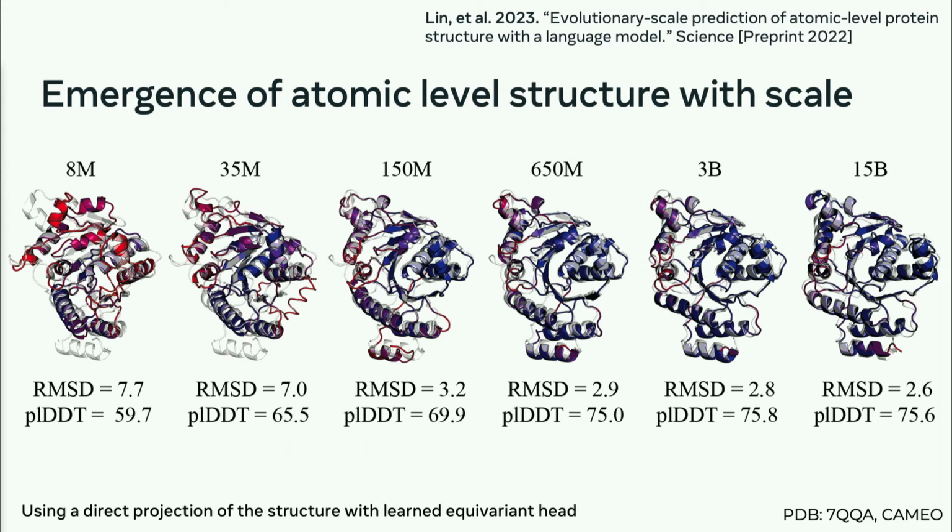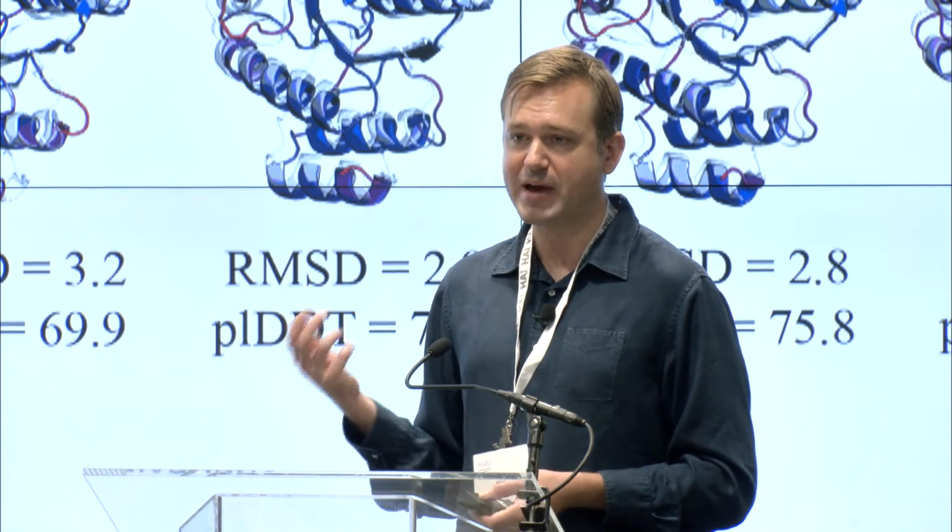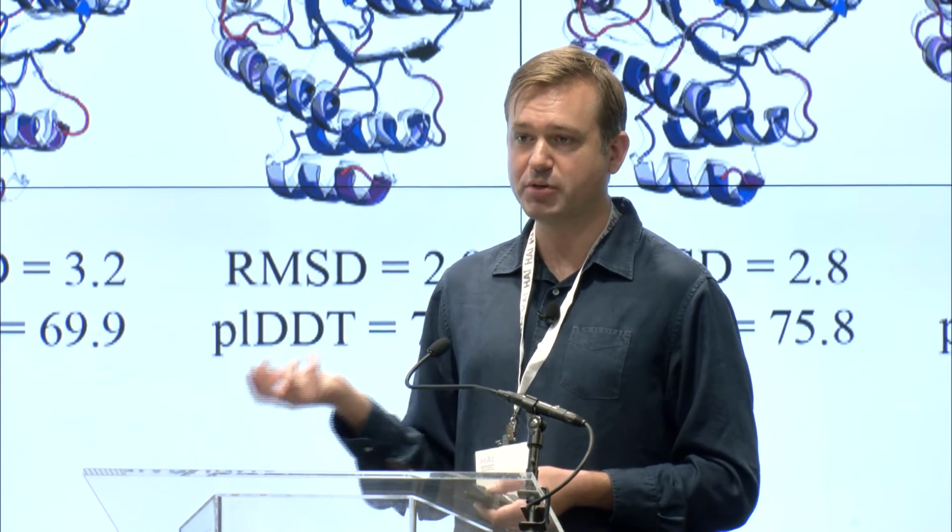So last summer, we undertook a scaling study where we trained models over a range of parameters from 8 million to 15 billion parameters. And 15 billion is a pretty large model. Some of the state-of-the-art models in NLP are at the 100 billion to a trillion parameter scale, so we're still an order of magnitude below that.